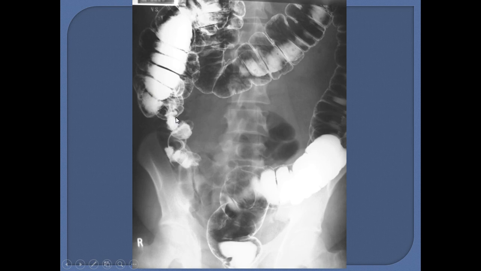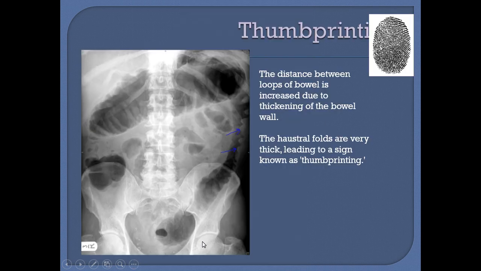It is narrowed, the ileocecal junction is so much narrowed and irregular. It is a case of intestinal tuberculosis, ileocecal tuberculosis, which is very common in our society, and it will result in a high up cecum with thickening of the ileocecal junction.